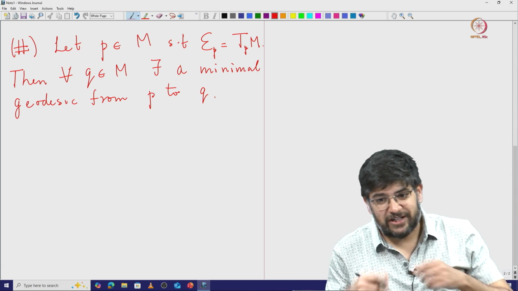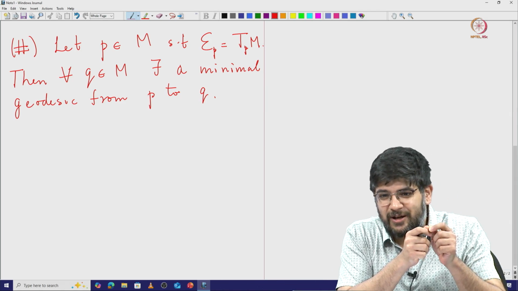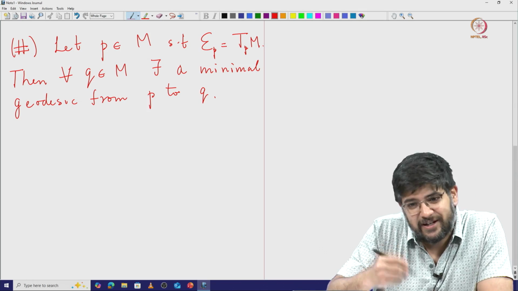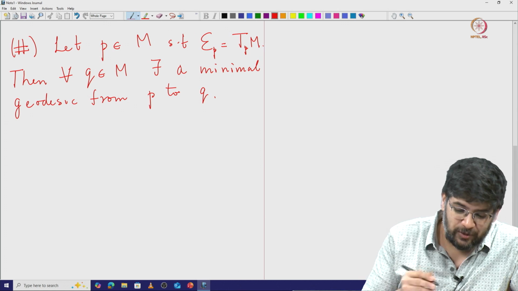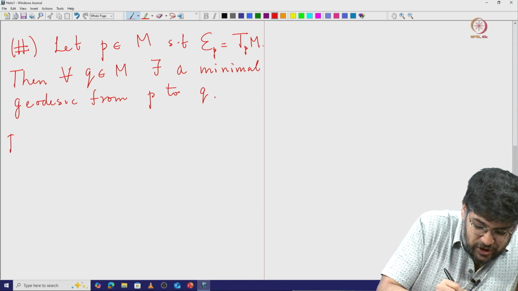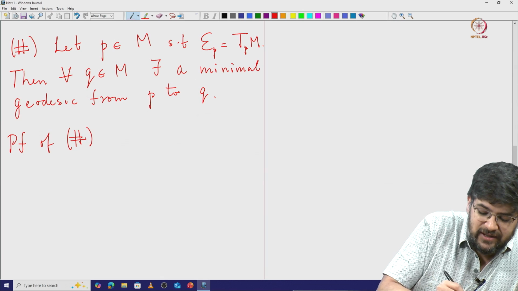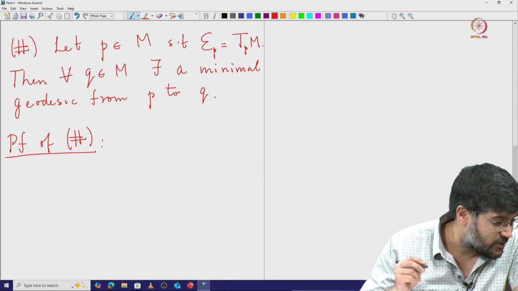So hashtag is basically property 5, but where you are fixing a point p whose domain of the exponential map is the entire tangent space. Right. So the point of this lecture is to actually give a proof of this hashtag property, thereby completing the proof of Hopf-Rinow.